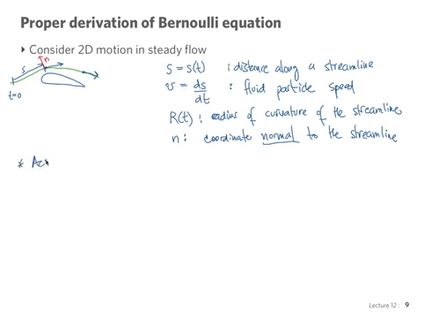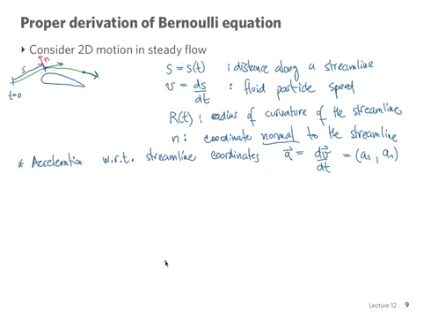The acceleration with respect to these streamline coordinates, let's call it A, is equal to, well, acceleration by definition, dv/dt. In general, this could have two components, a component in the streamline direction and in the normal direction. These are our coordinate system, curvilinear coordinates, S and N.